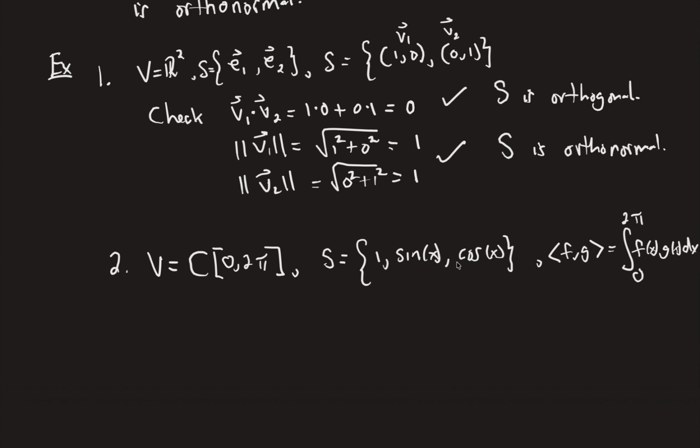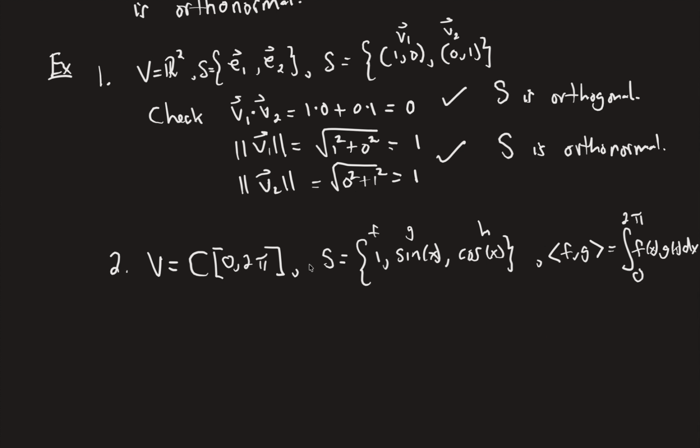Because we have 3 functions, f, g, and h, we have to do f and g, f and h, and then g and h. That means we have 3 integrals to compute.